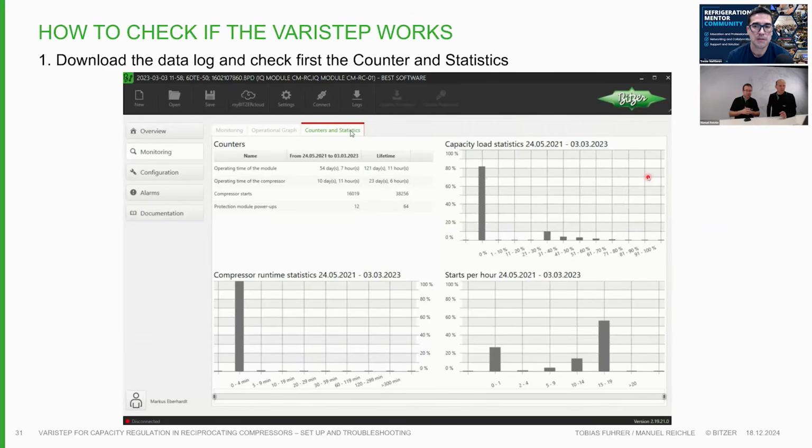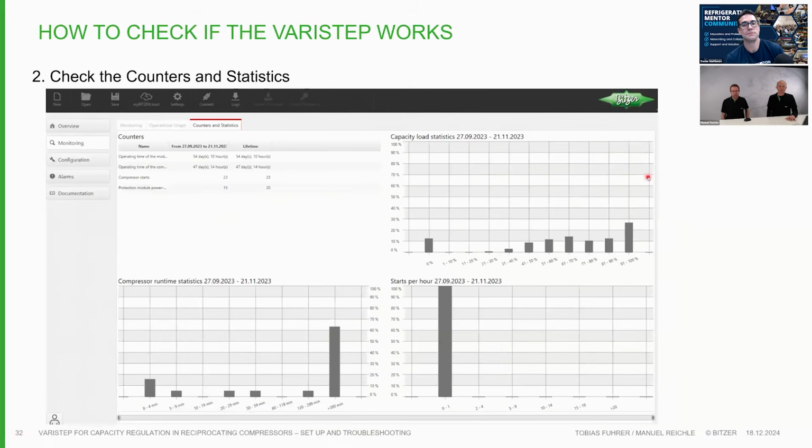In a good balanced system, we will see in the next data log. So when the system is running good and well balanced, we have an average operating time of more than 5 hours. So it is not stopping, and 0 to 1 stop per hour basically all the time.